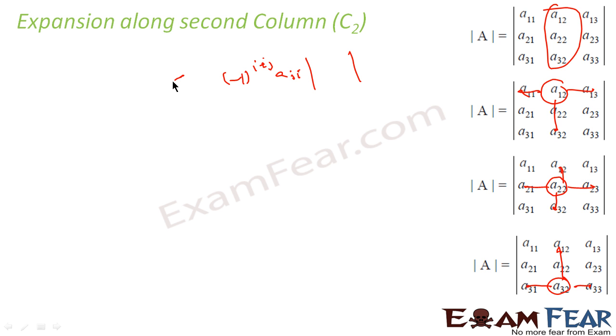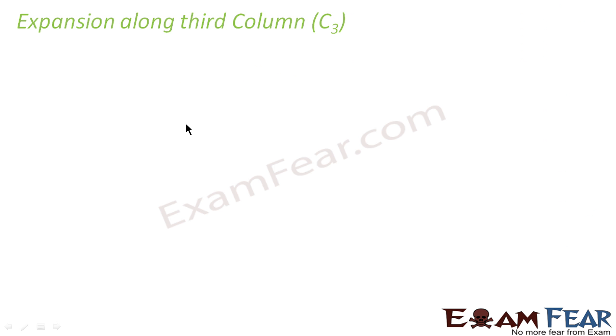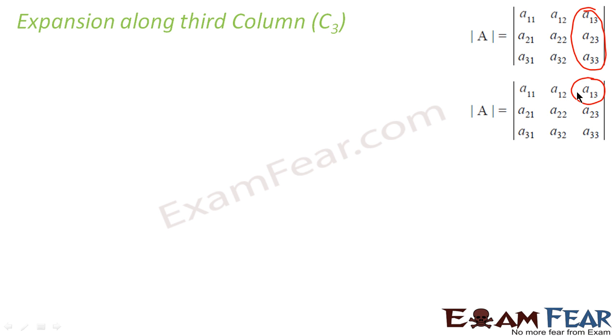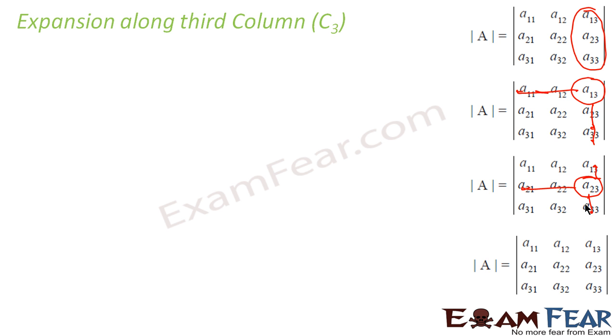Add all this and you get the same value. You can try this. Similarly for column 3, select the first element, remove other elements, select the second element, remove other elements, select the third element, remove other elements.